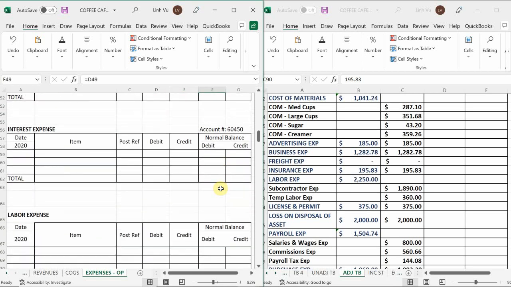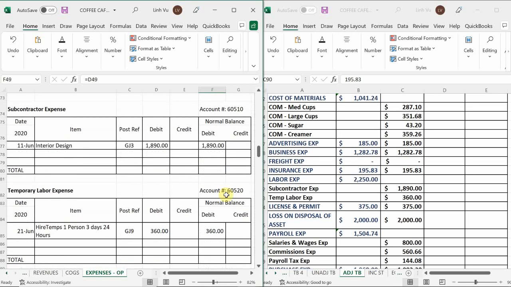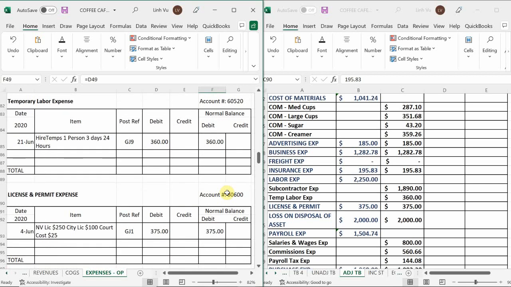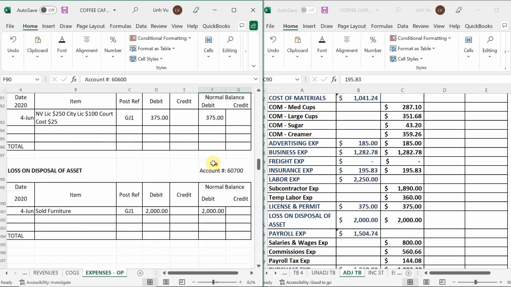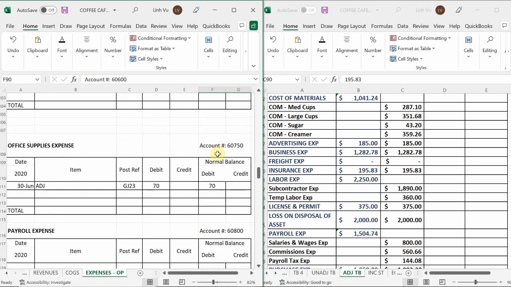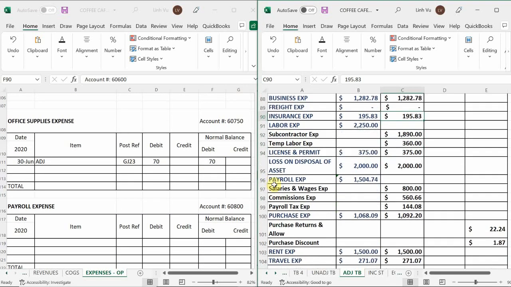Then we have interest expense, no interest expense here. Then we have our labor expense, which is still at that $18.90 plus my $360. So my total labor is still at $2,250. Okay. License and permit expense is still at $375. Loss on disposal of asset is at $2,000. Aha. We have an office supplies expense account.